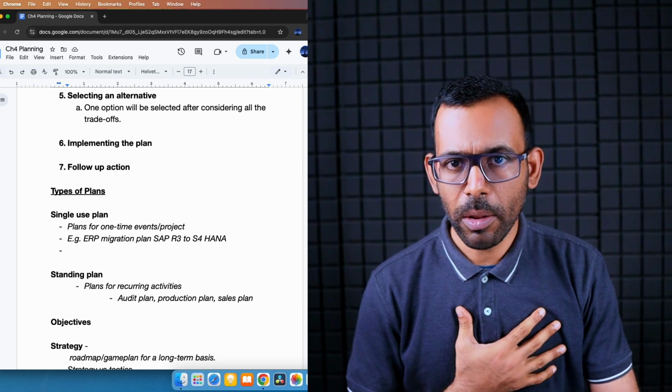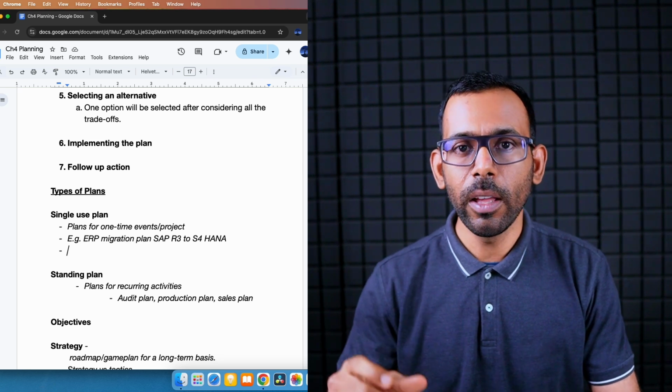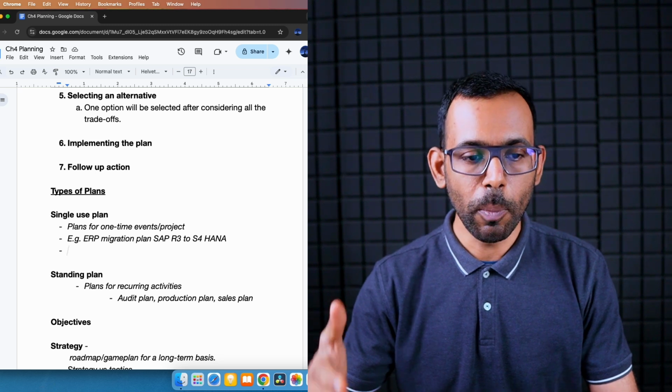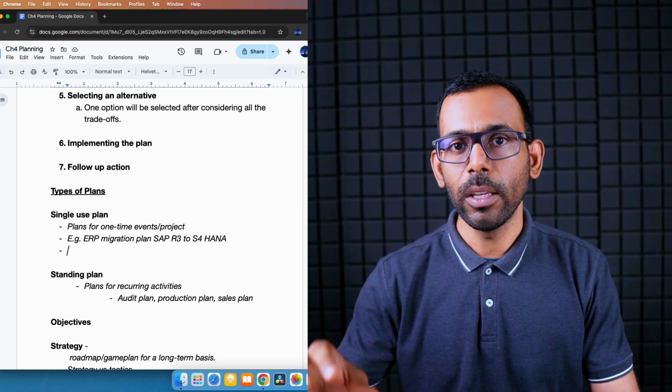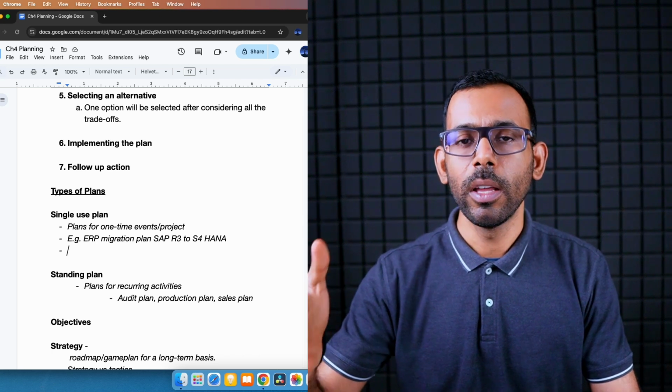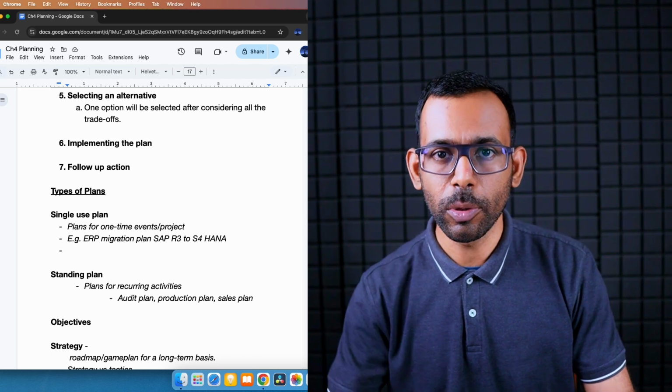I was in the audit department and we were part of the steering committee of that project. My boss was actually a steering committee member, so he was the one who drafted exactly how this migration should take place.